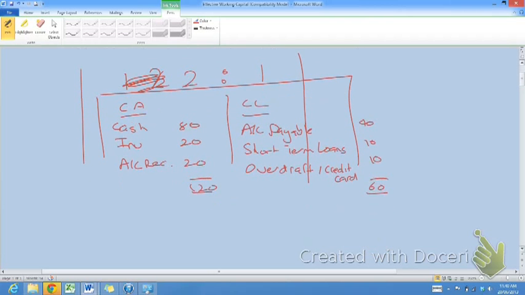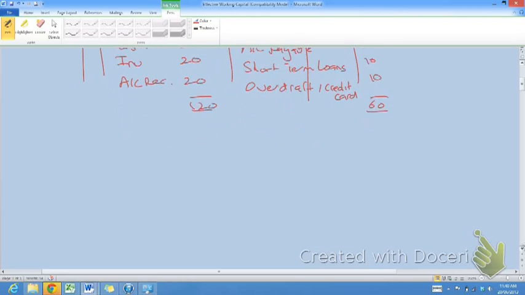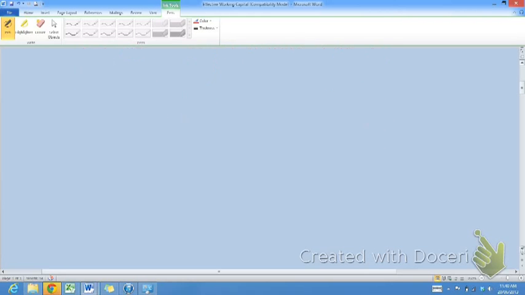Okay, so now we move on, and we need to understand first of all that there is a cycle. Okay, we have accounts payable, which is what we use to order stock.